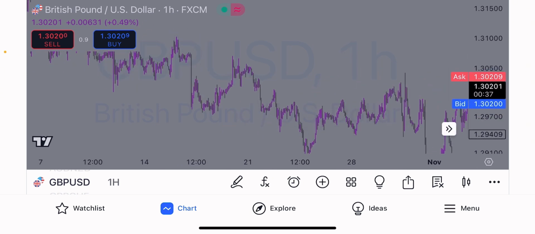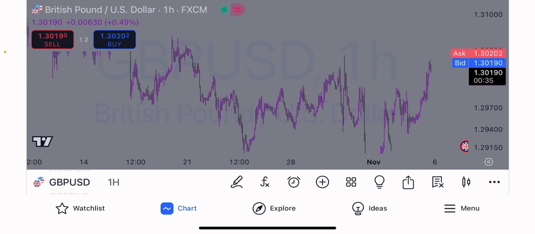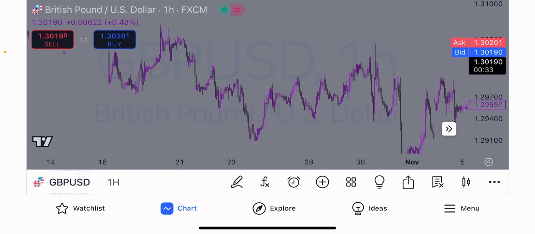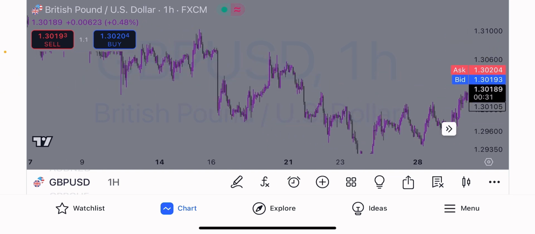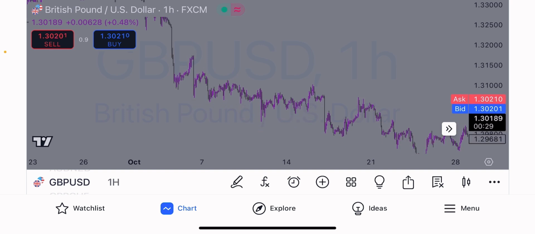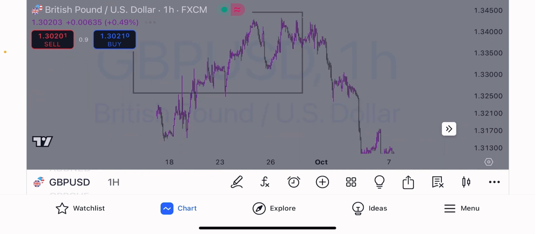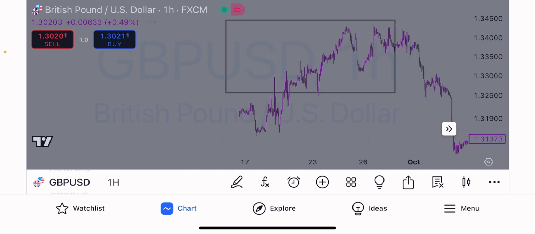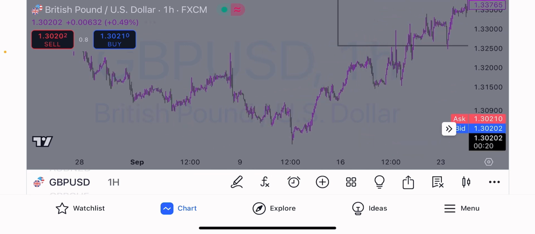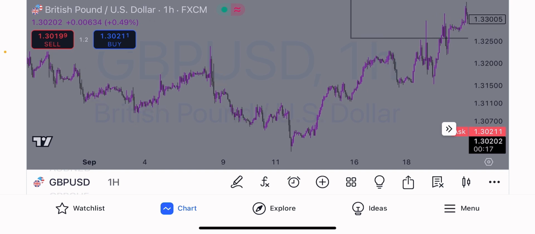Then let's look for a bearish trend somewhere around here. Let's kind of spot a good bearish trend for you guys, so it's understandable. Bearish has turned to bullish. Okay, let's use this right now.